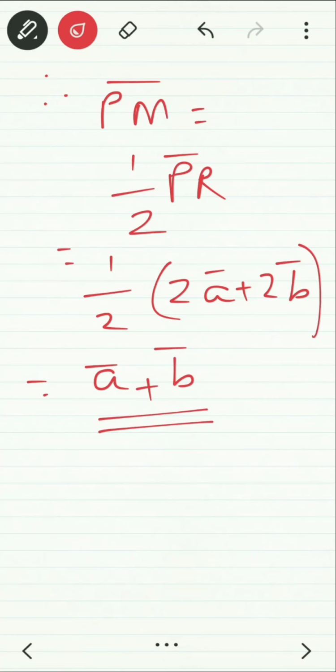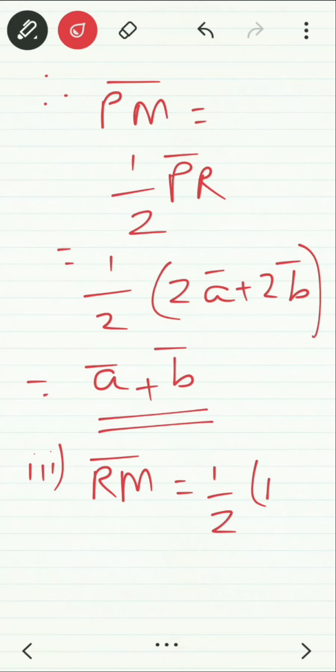Then the third value, that is how to find QM that they have given. Okay, so if you look at the figure, we have RM is equal to half of RP. Because in vectors, direction is important, so we have half of RP vector, which is minus half of PR.